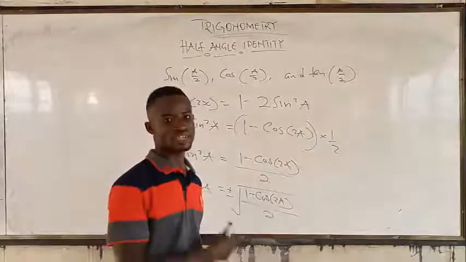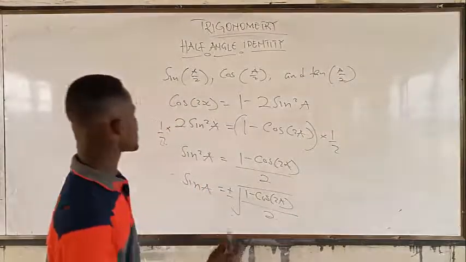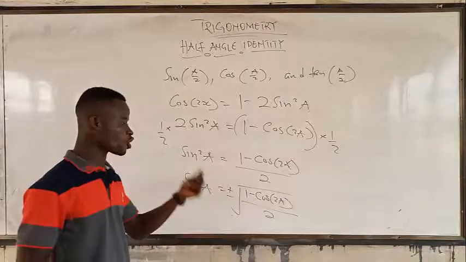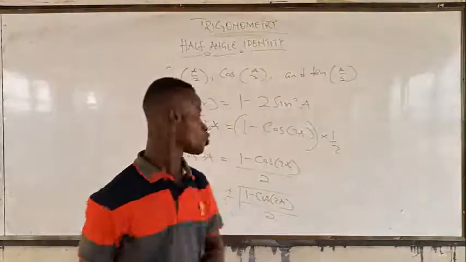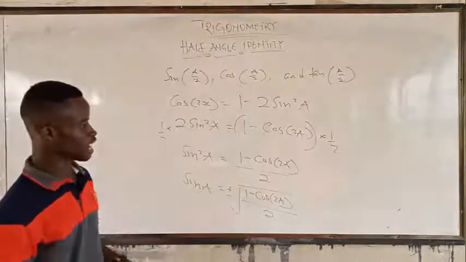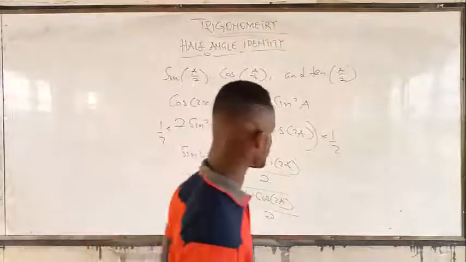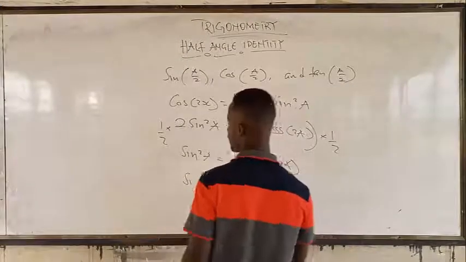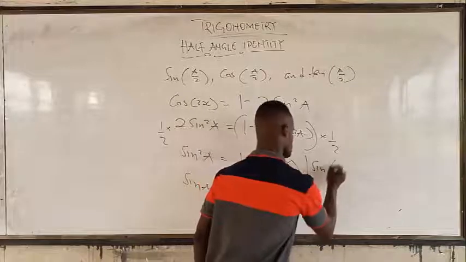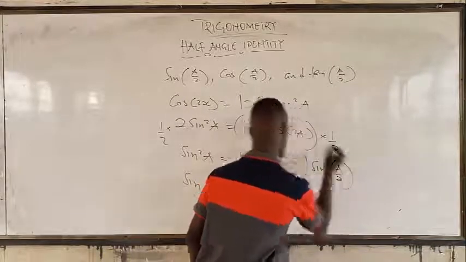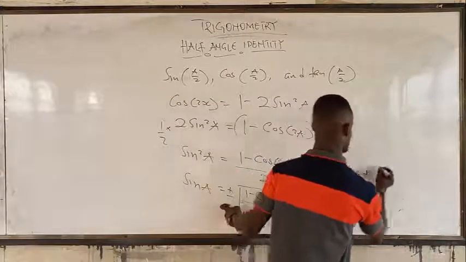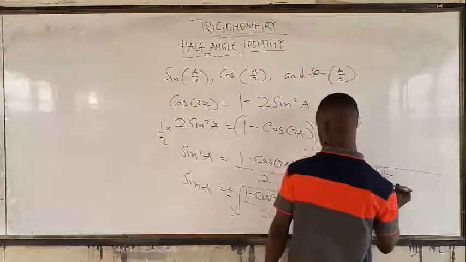Here, since we are looking for sine a over 2, we now divide the angle a by 2. Not only this, but for all the arguments, we are going to divide by 2. So sine, then we divide this argument by 2, and then we have to do the same thing for the other side.